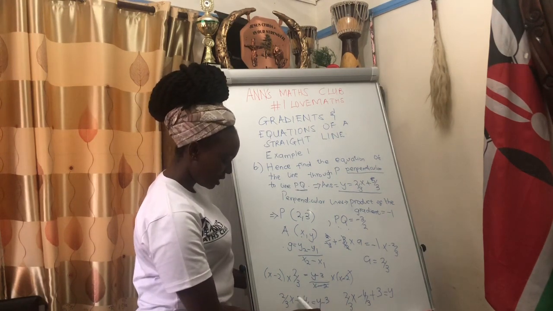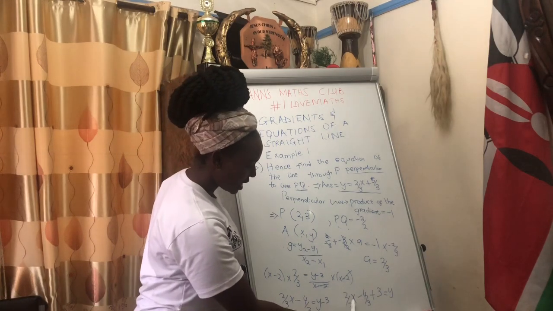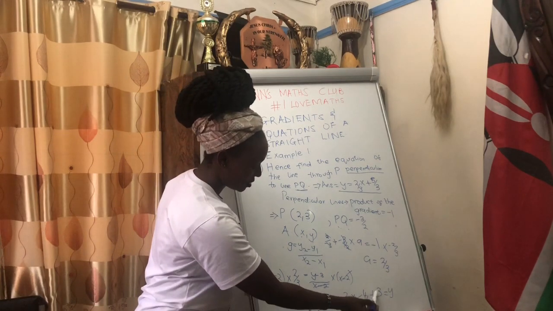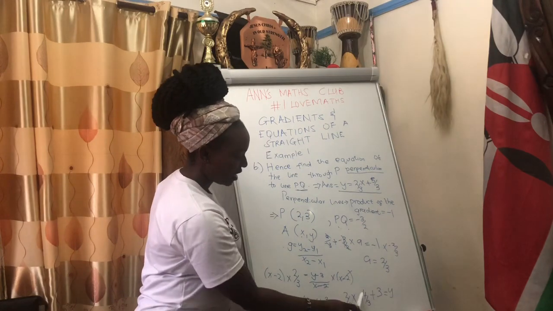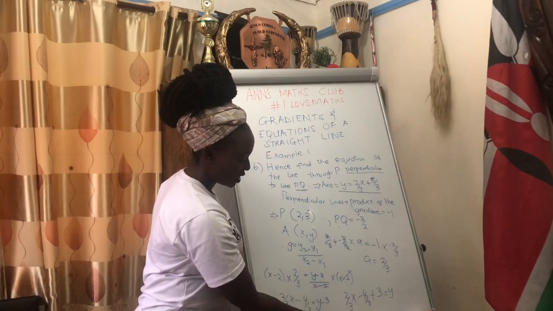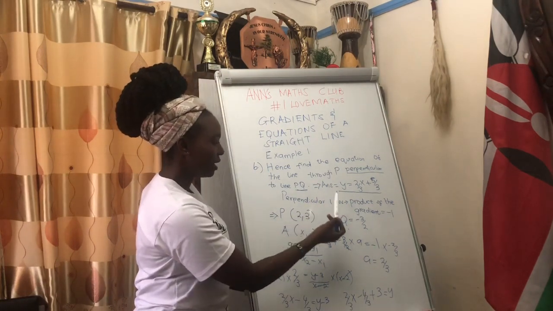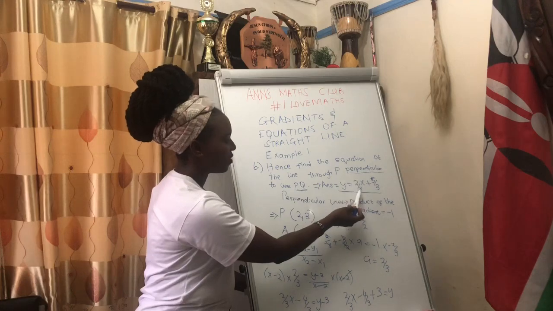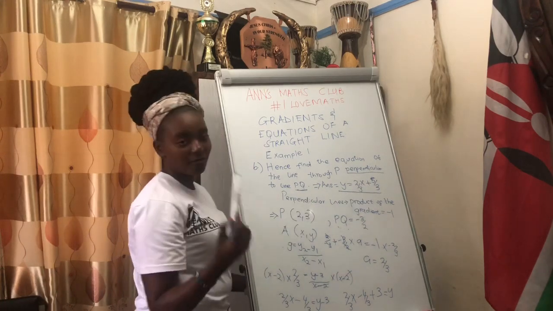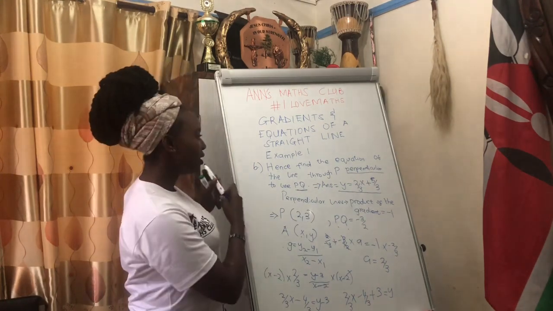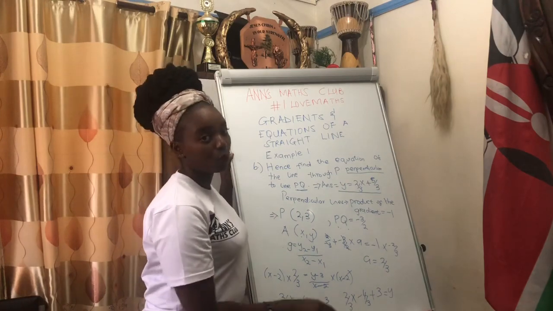If you bring 3 to the other side, it's going to be 2 over 3x minus 4 over 3 plus 3 is equal to y. Minus 4 over 3 plus 3 is 5 over 3. So your equation of the line will be y is equal to 2 over 3x plus 5 over 3. So now we are done with example 1.